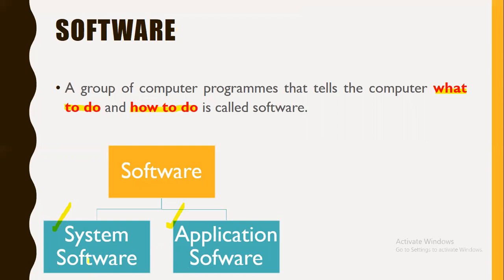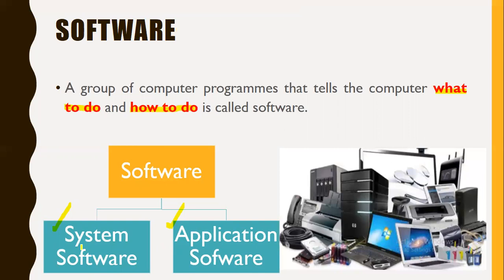We are covering system software and its types right now. Without proper software, we cannot do anything on computer hardware, and that hardware is of no use for us. So we must have proper software installed on our computer system.